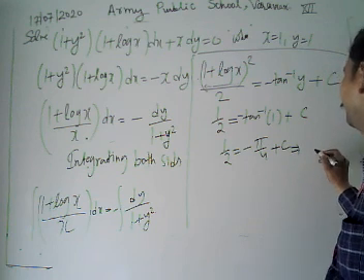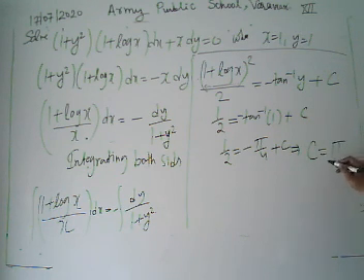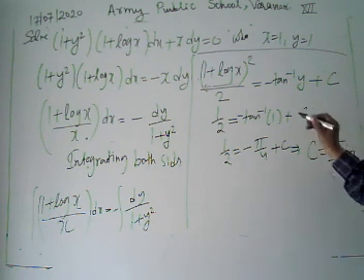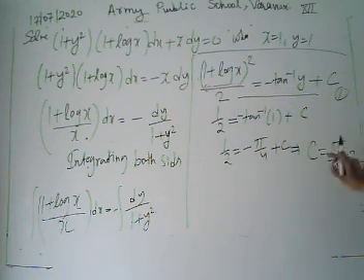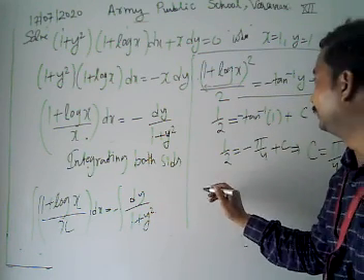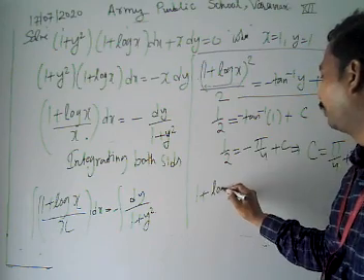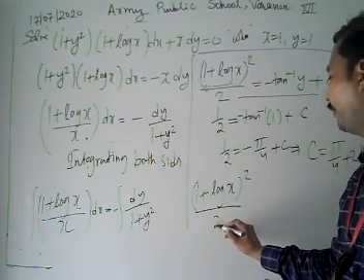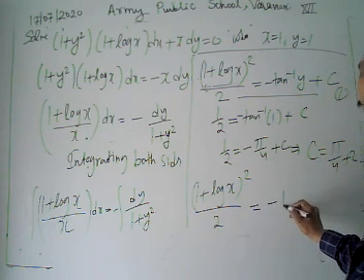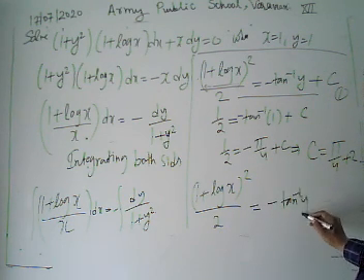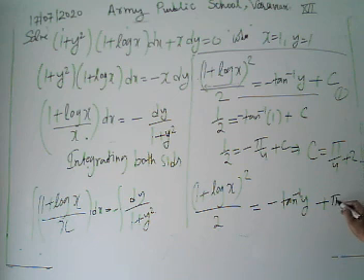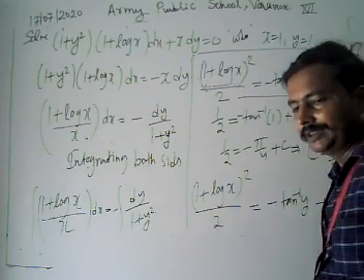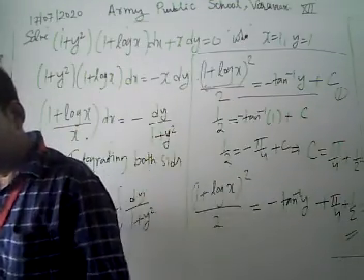This gives the solution 1 plus log x whole square by 2 equal to minus tan inverse y plus pi by 4 plus 1 by 2. This is our required solution.